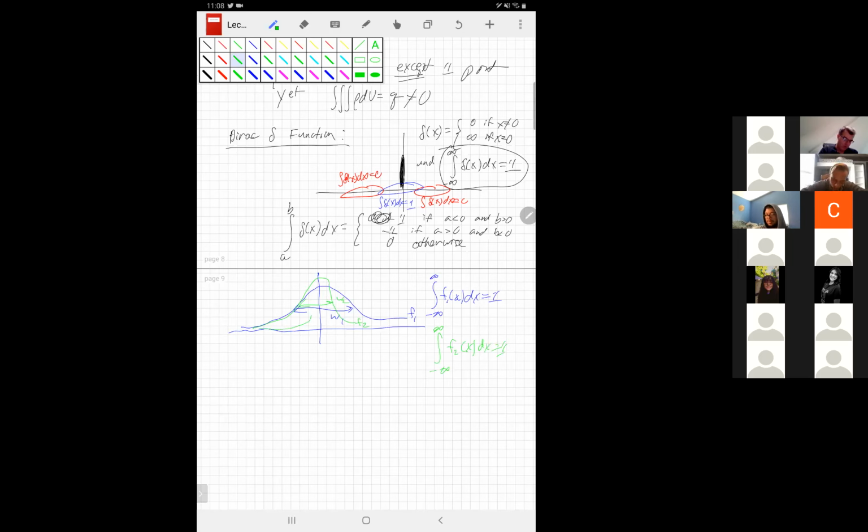And then I could go with a really narrow function, f3 with width w3. And the integral of f3 of x dx equals 1.